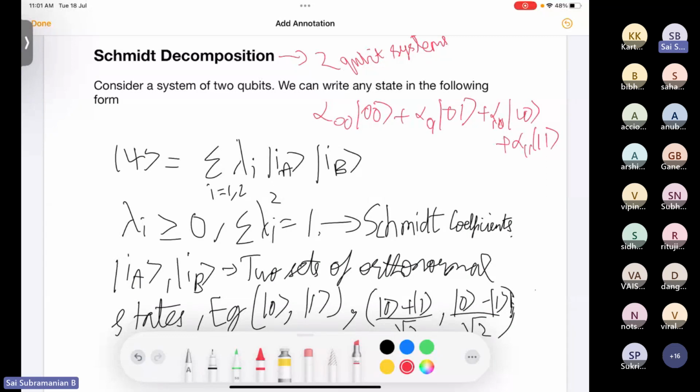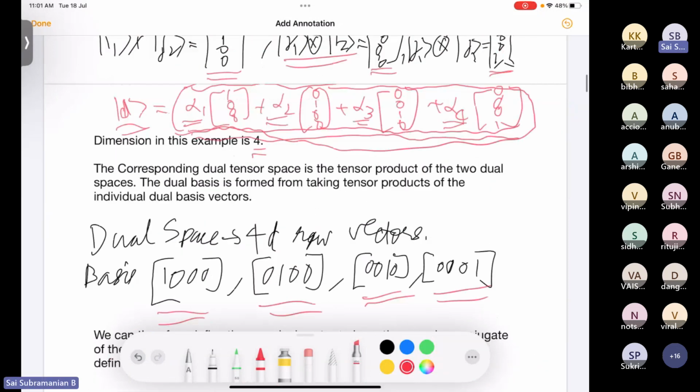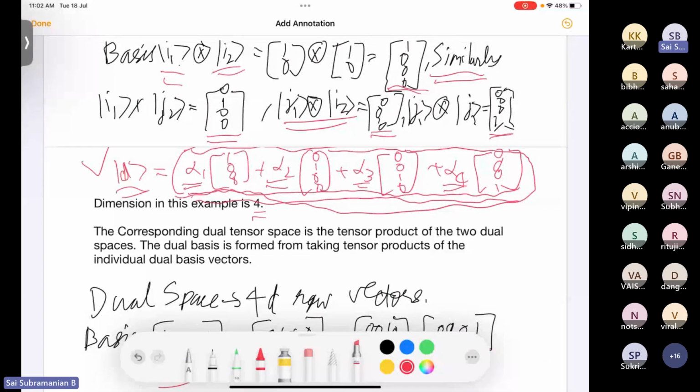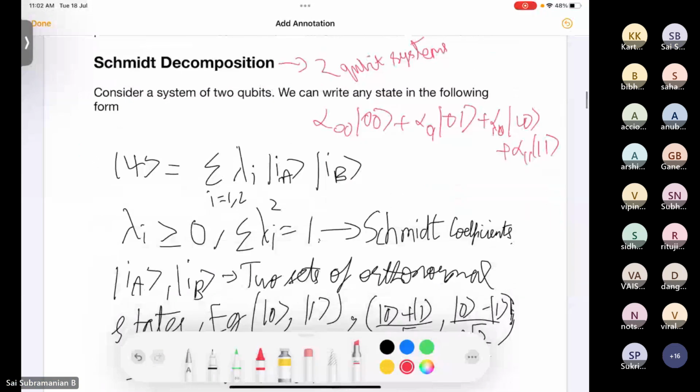This is how we would write a general vector based on its probability amplitudes with 00, 01, 10, 11. This is how we wrote it earlier. But this has 4 different numbers, and it doesn't really tell us what is happening to these 2 qubits.